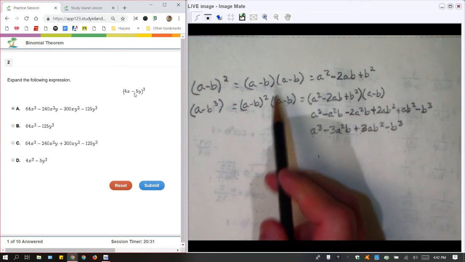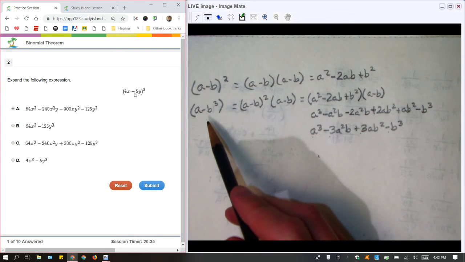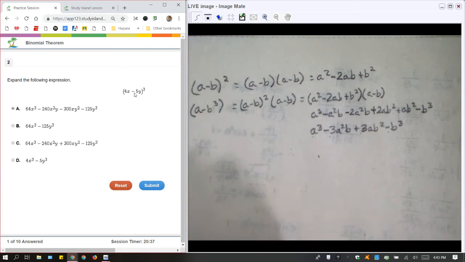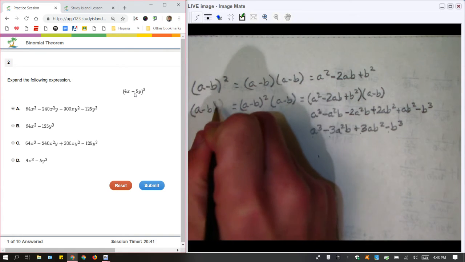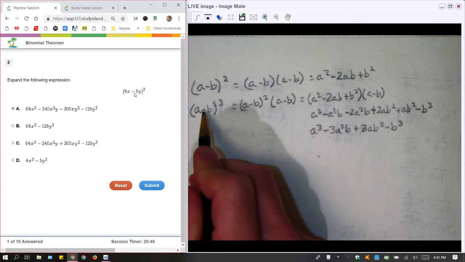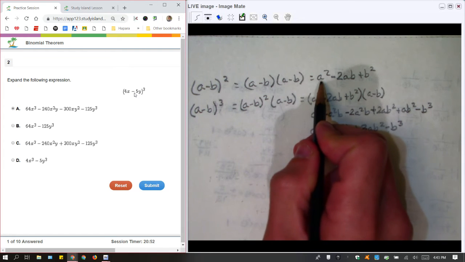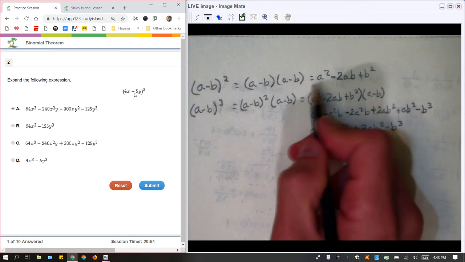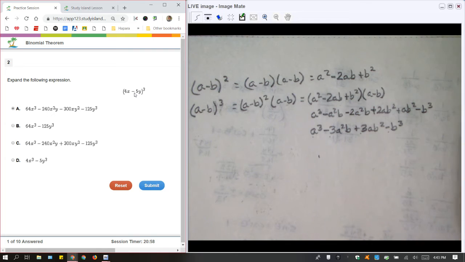If you have a subtraction in your binomial, and that's being raised to a power, all that happens is that your first term is positive, and then every term after that flips back and forth. First term's positive, next term's negative, then positive, then negative. That's the only thing that changes.